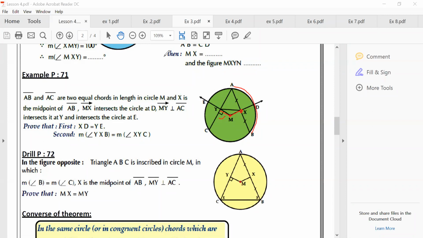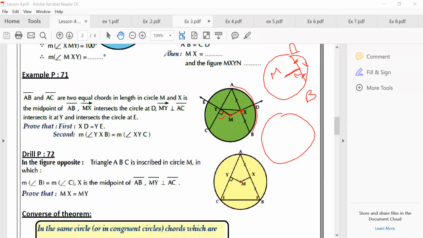No, we have the first lesson we took in geometry this term: if I have a circle and a chord, and I draw a line from the center perpendicular to this chord, then this point bisects the chord. If I draw MX perpendicular on AB, then X is the midpoint of AB.